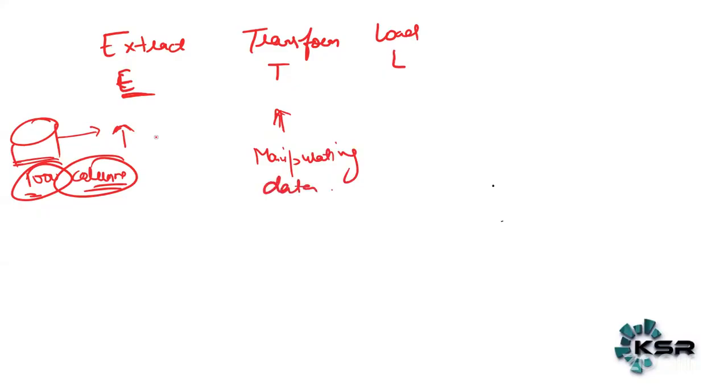Once you have transformed data, in other words, transformed data is nothing but the data which you require to get the insights from. Then you will go ahead and load the data into Power BI.